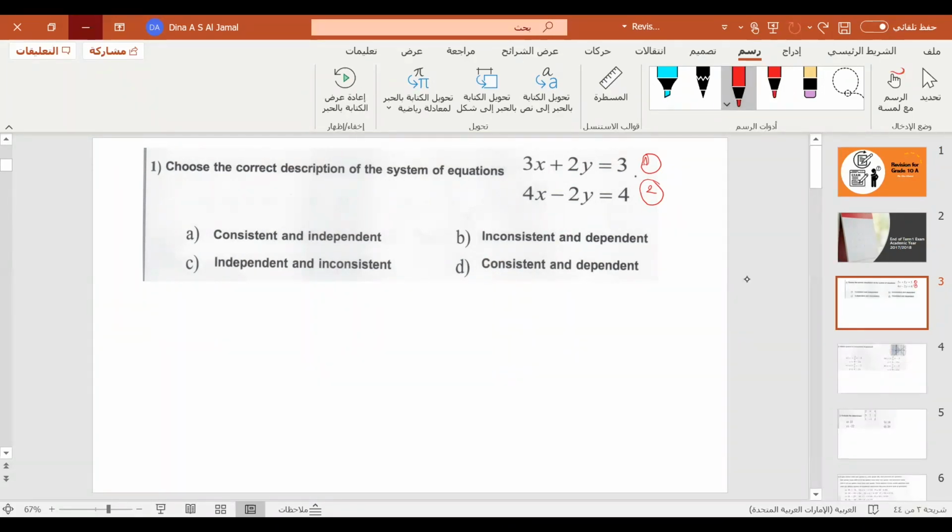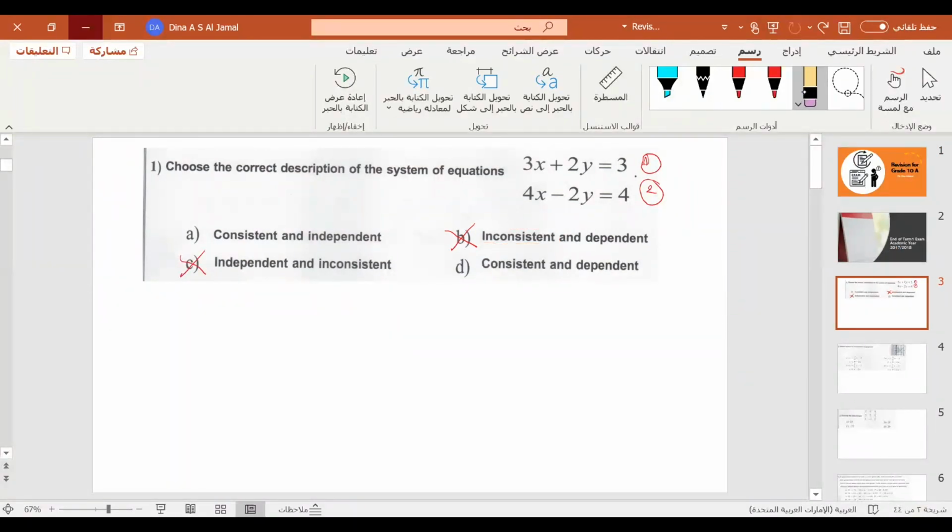You are having consistent, independent; consistent, dependent; inconsistent and independent; inconsistent and dependent. Whenever you are having the word inconsistent, that means it can't be either dependent or independent. So from the beginning, you will be cancelling B and C.